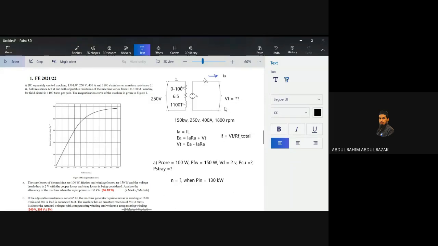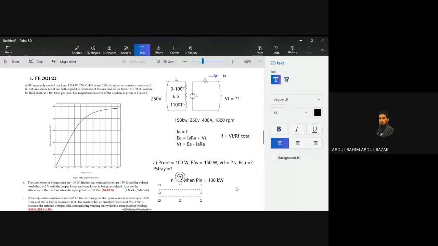You transfer all the information into the circuit, data and formula derived from the circuit. Then you transfer the data of the question into the information here. Then start with A.